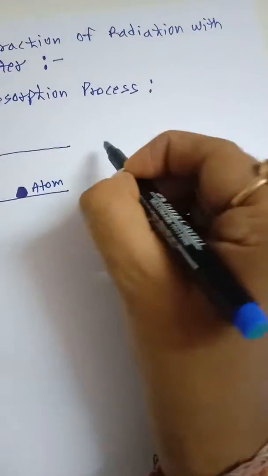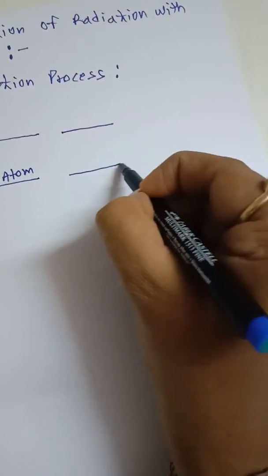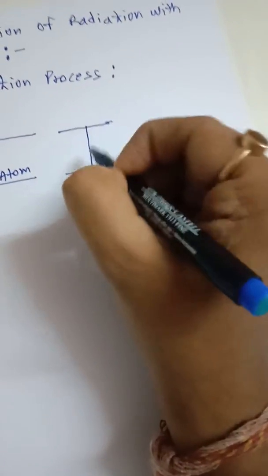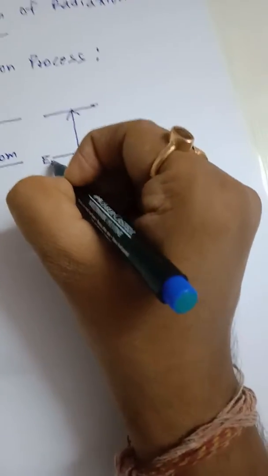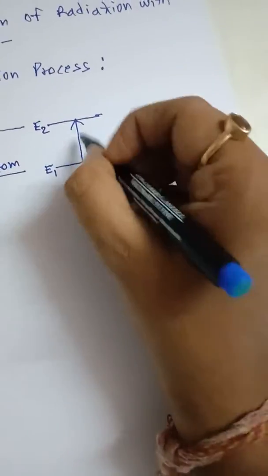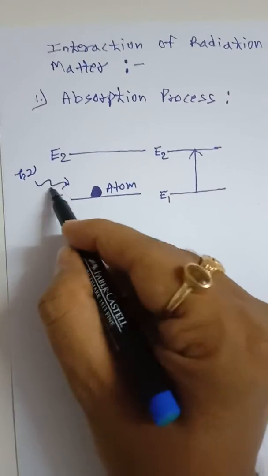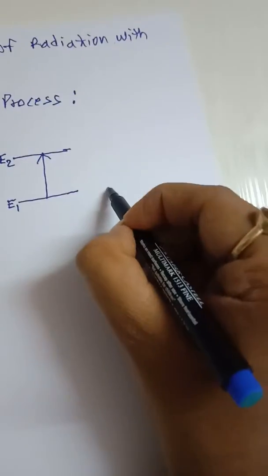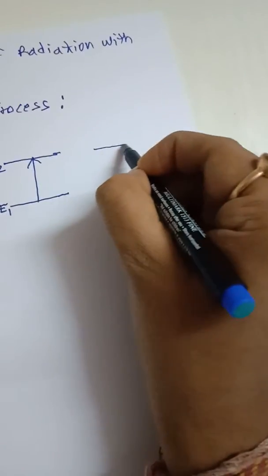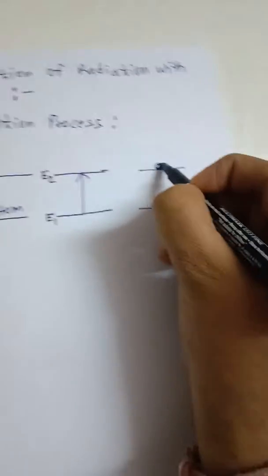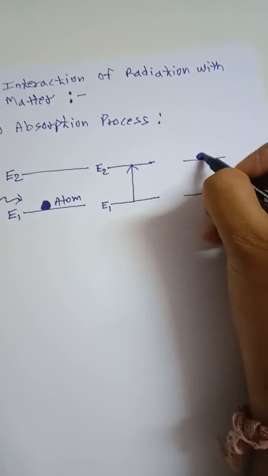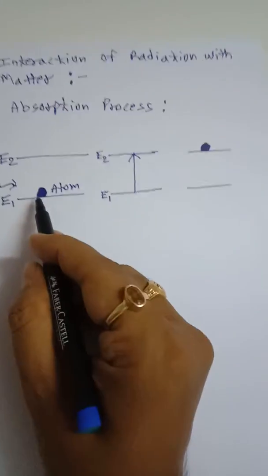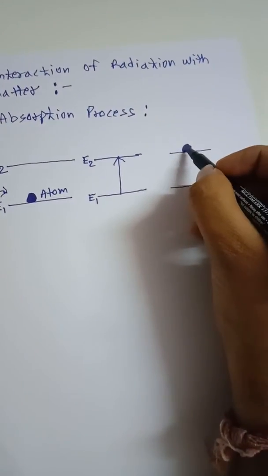It will start making a transition in the upward direction to the E2 energy level, which is known as the excited state energy level. It makes the transition after absorbing the external photon energy h nu. Then after some time the atom will be in the excited state. So this is the atom which was in the ground state, and here it has come to the excited state.